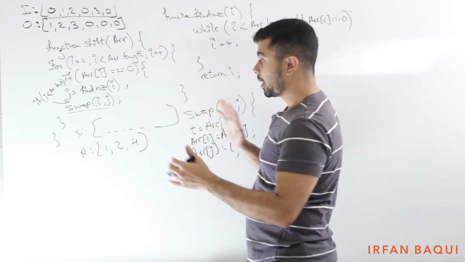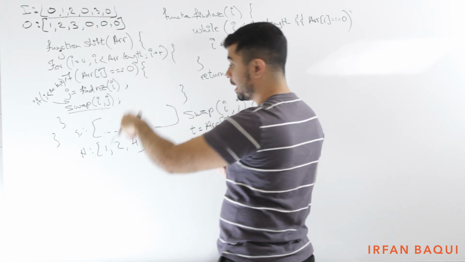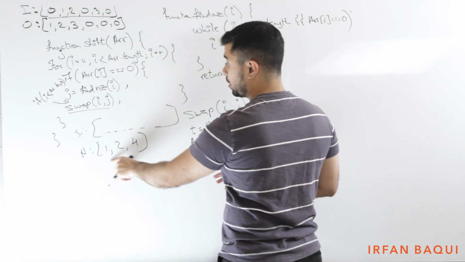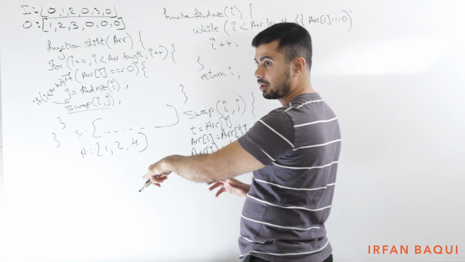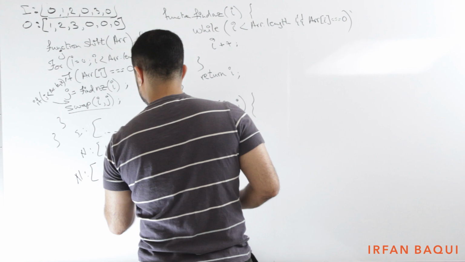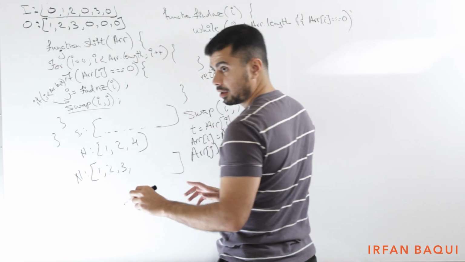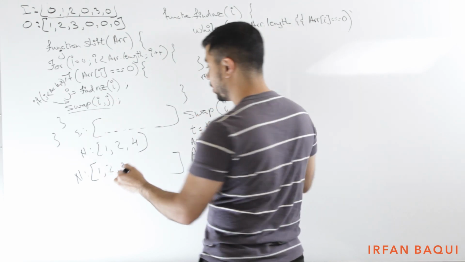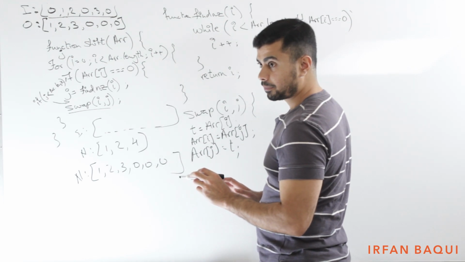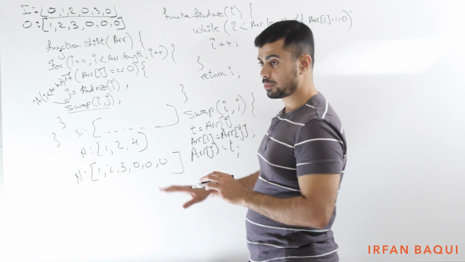After going through it, I will make a new array, which is the same size as the input array, and I will copy all of the elements of these indices into the new array. So eventually in the new array I will get 1, 2, 3, and then for the remaining length of the array I will just say 0, 0, 0. So this will be a better time complexity, but it will be linear space complexity.